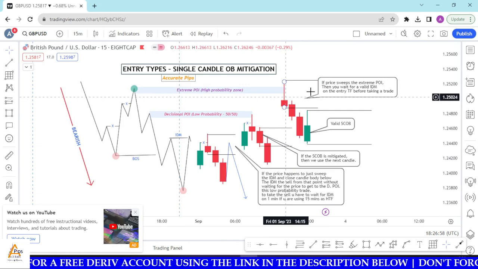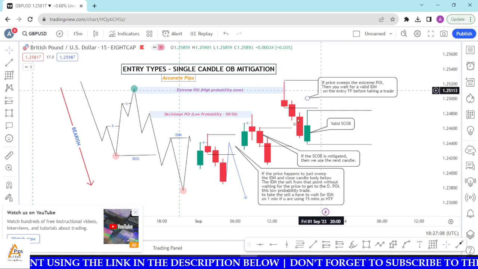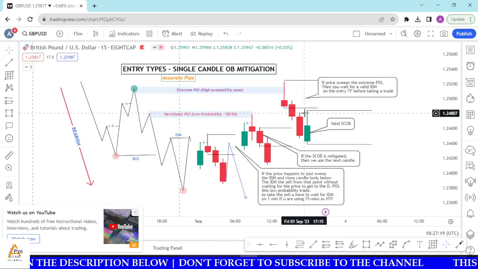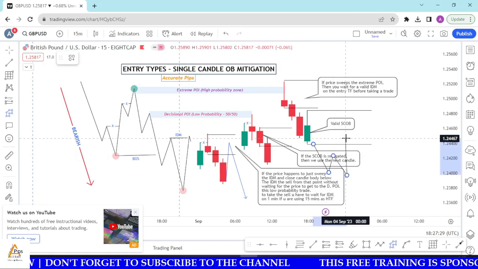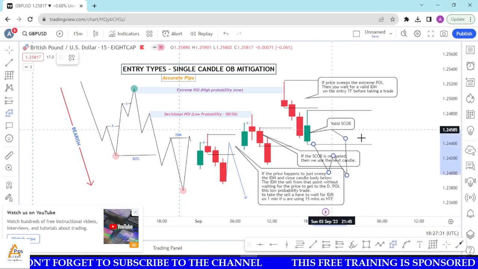So let's say you take this trade, then price moves and then creates another single candle order block below it by taking the high of this candle. When that happens, you wait for the market to go down, create inducement on the lower time frame, take the inducement, come into your single candle order block, then you take your entry.